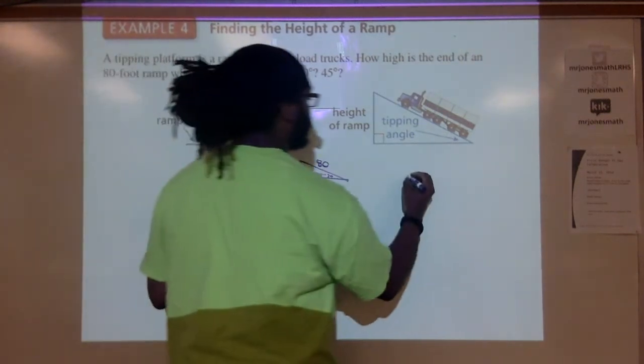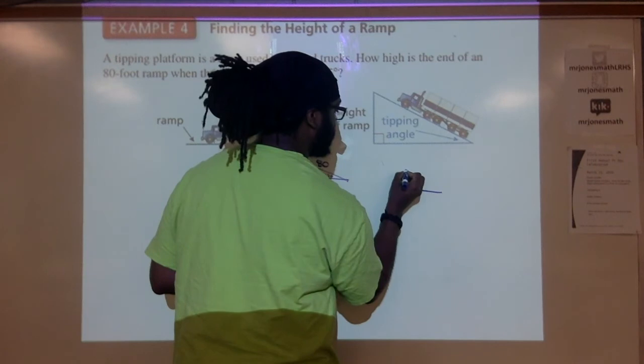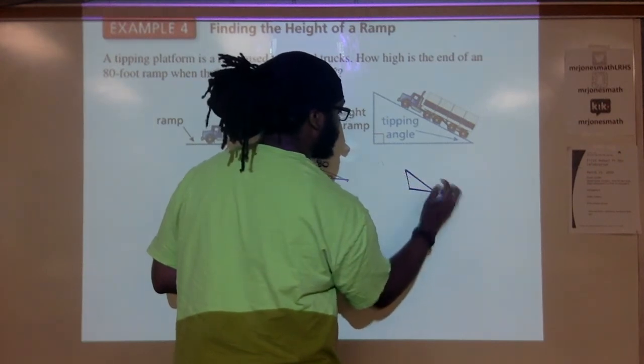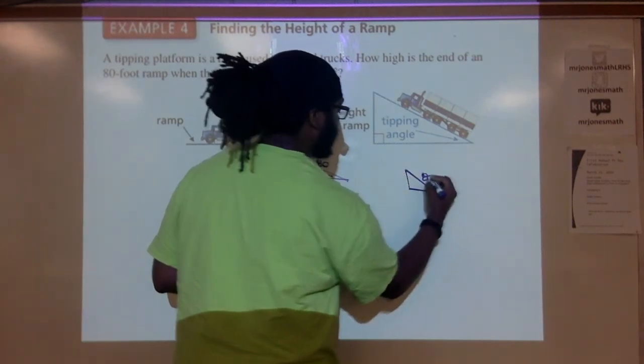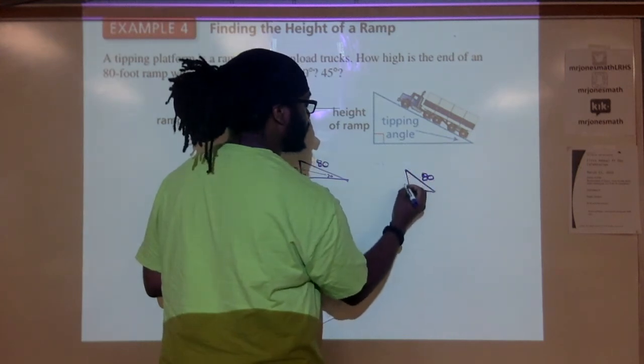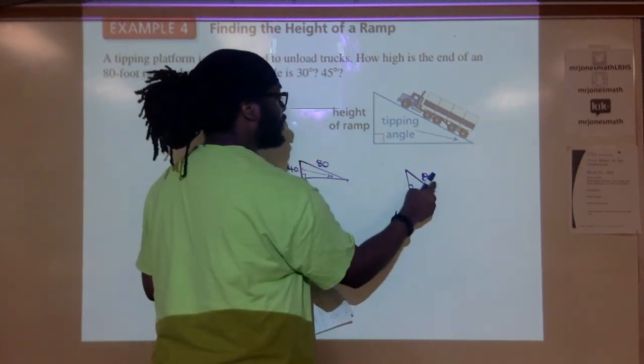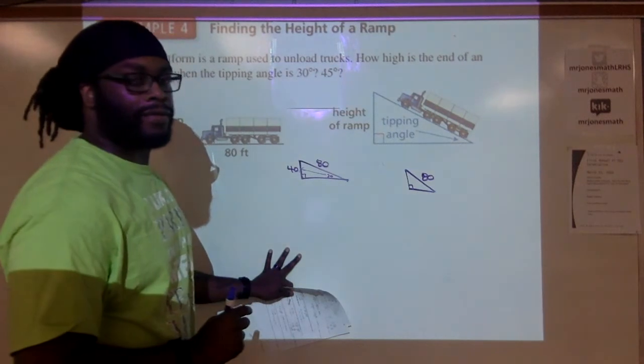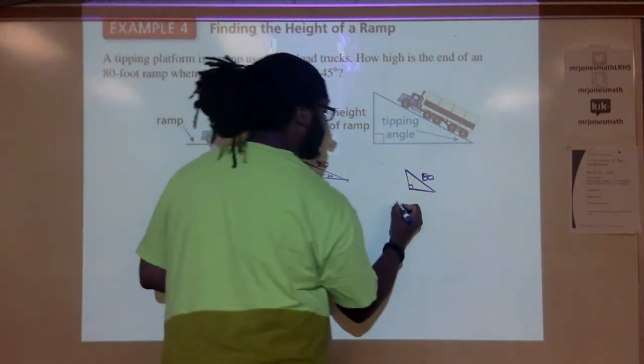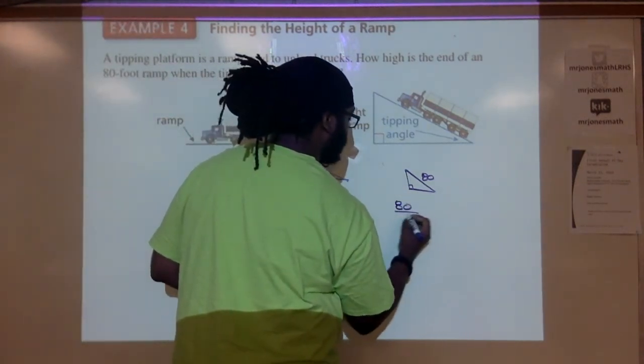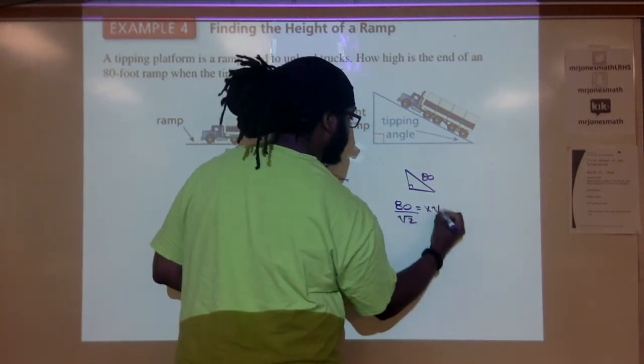Now on a 45, 45, 90 triangle, at 45 degrees, the hypotenuse is still 80. Remember, if we know the hypotenuse of the 45, 45, 90 triangle, we can just take that number and divide by the square root of 2, because it equals x times the square root of 2.